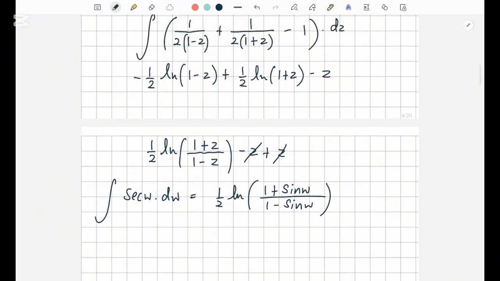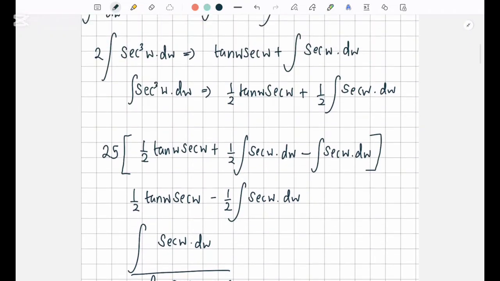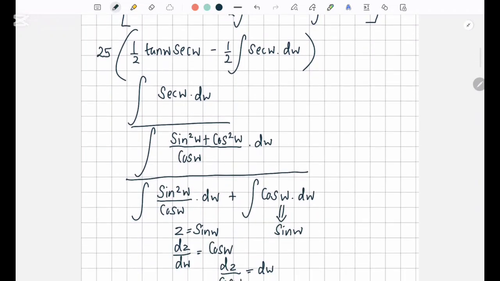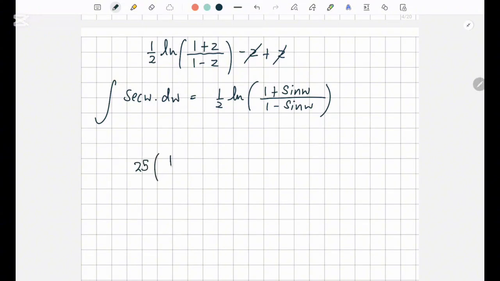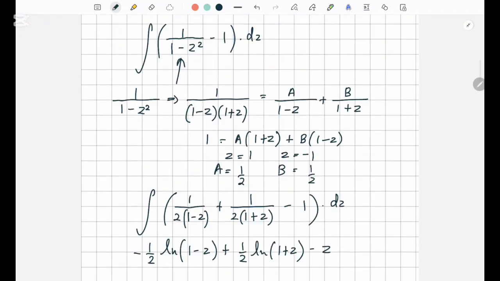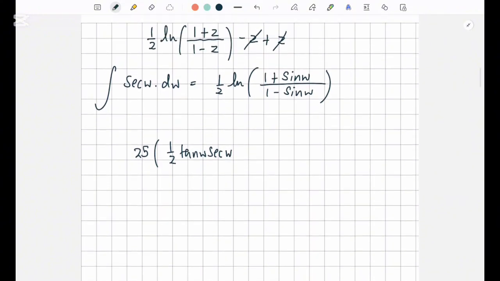Okay, so now we basically did everything. We just need to add everything up. So let's go to what we had. This is what we had, right? 25 into this whole thing. So it's going to be 25 into half tan w sec w. It was minus half sec w, the integration of sec w.